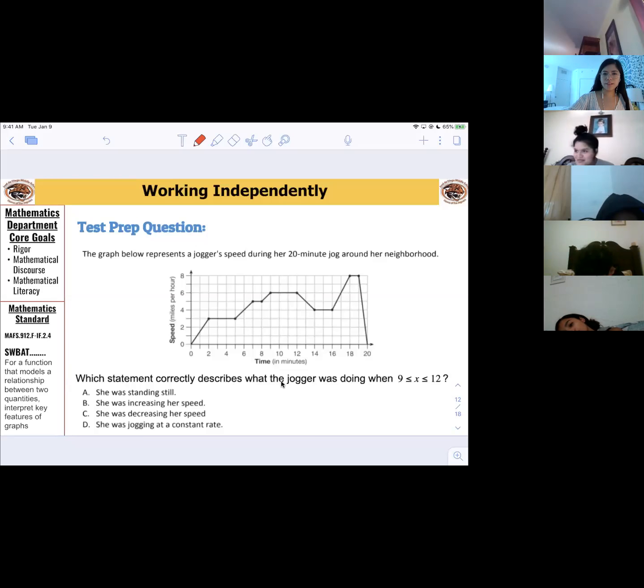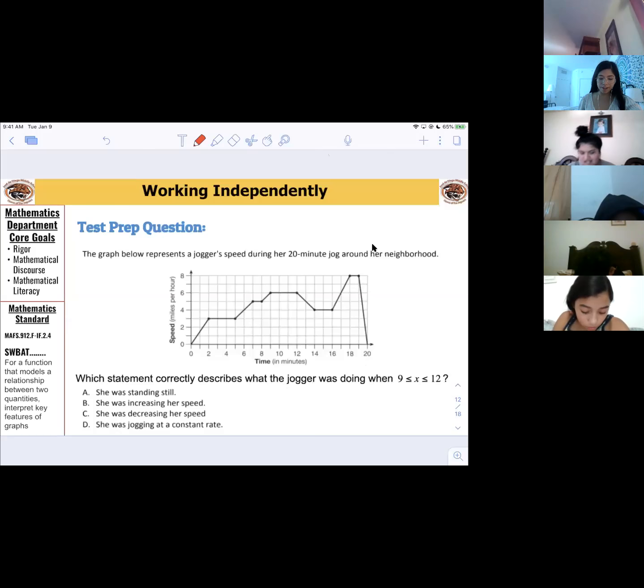Okay, let's look at what happened. This one was super interesting. We were pretty split between A and D. So let's read this for the first time. The graph below represents a jogger's speed during her 20-minute jog around the neighborhood.